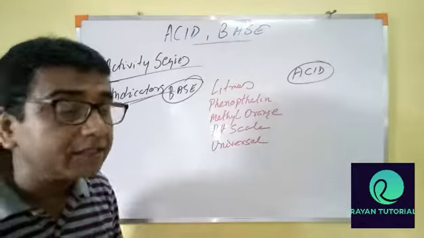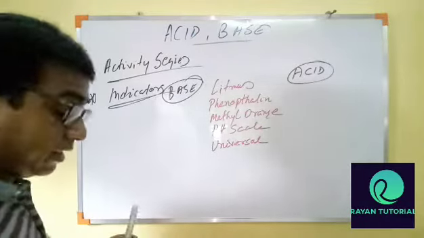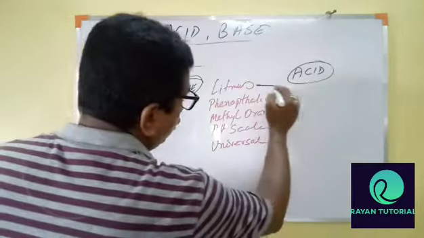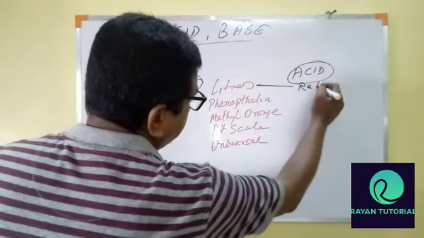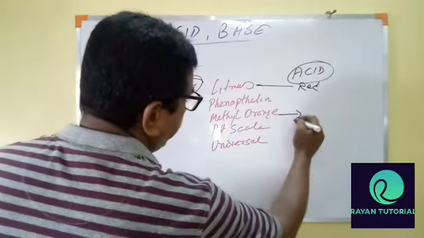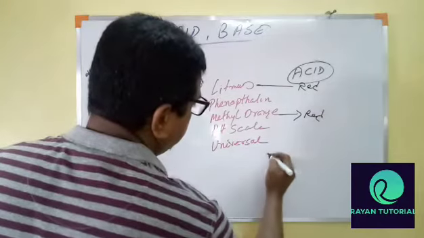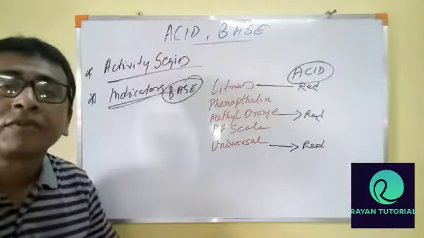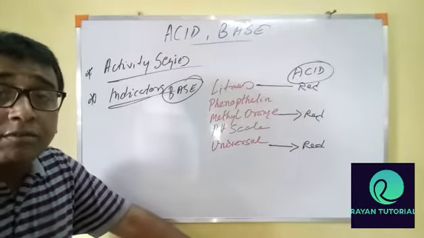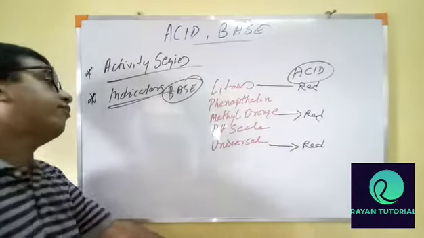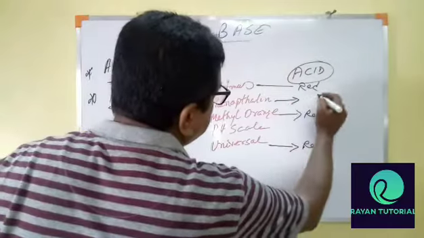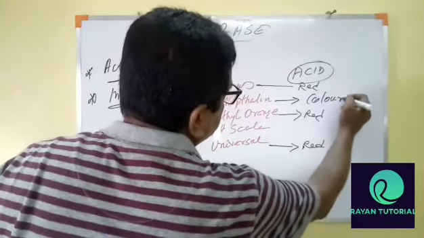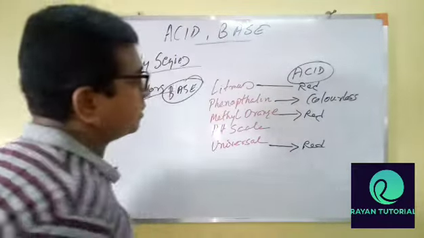Now what is the alert sign, the danger sign for acid? It's red, right? So for litmus, acid becomes red. Methyl orange, acid becomes red. Universal, acid becomes red. Easy to remember? For phenolphthalein, acid becomes colorless.